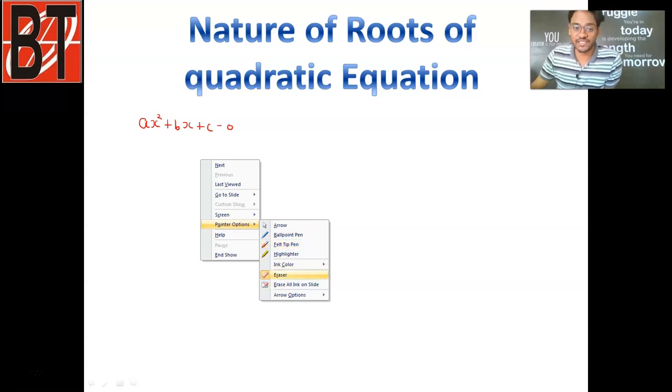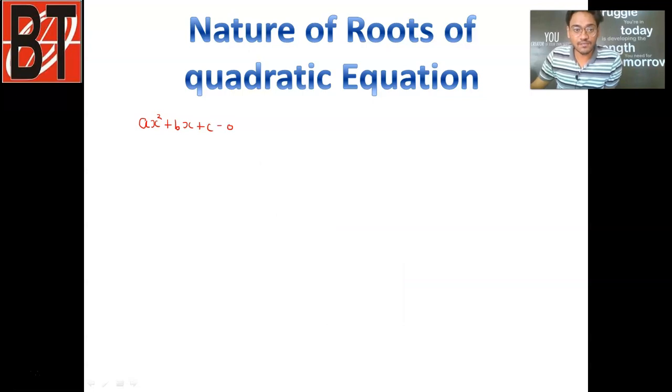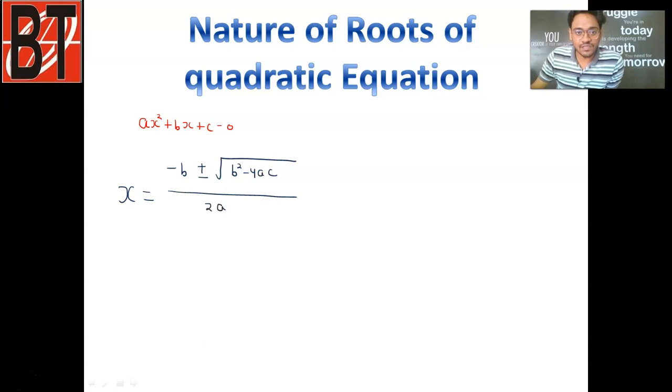Let me write it with blue ink. The quadratic formula for solving this kind of equation is: x equals minus b plus minus under the root of b square minus 4ac, upon 2a. This was the quadratic formula we derived in the last lecture.